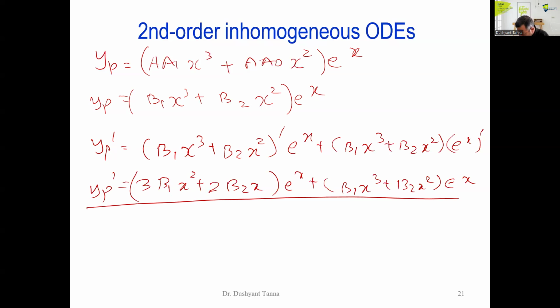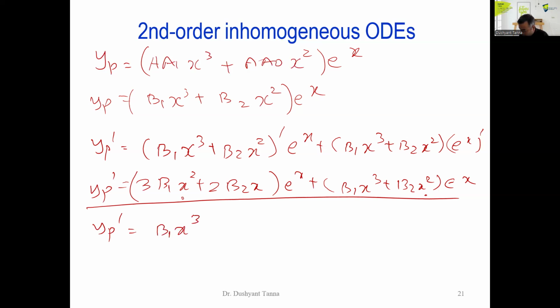Why can we combine it? Because there is some x squared term which we can combine, right? Okay, let's combine it. We got an x power 3 term.